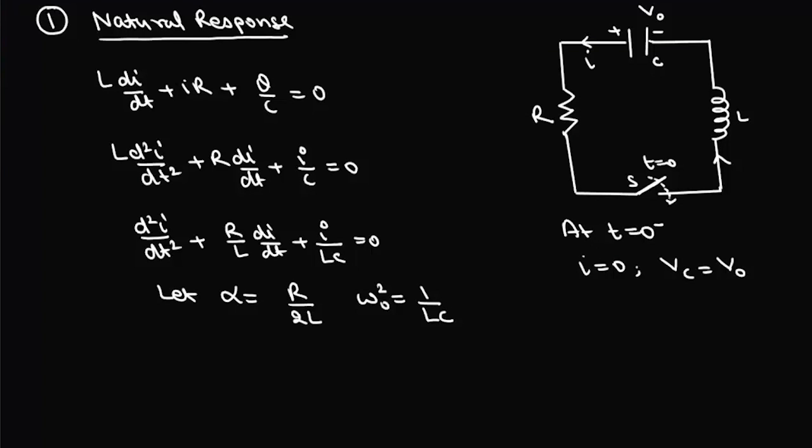Basically these two terms, alpha and omega naught, have physical significance. This alpha is called the damping coefficient, and this omega naught is called the resonant frequency.